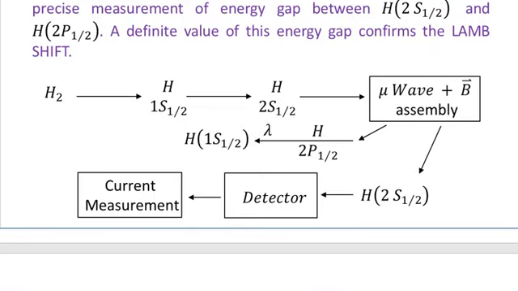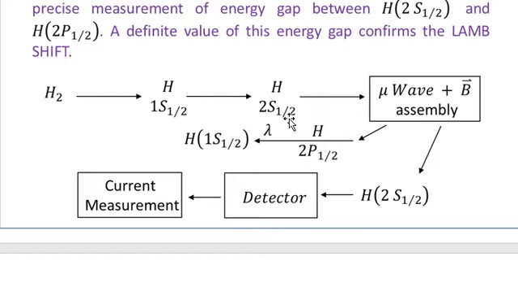You can also express the previous experimental diagram using this symbolic or schematic diagram. H2 is broken into atomic hydrogen in the 1s1/2 state. This 1s1/2 hydrogen, which is in the ground state, through the bombardment of the electron beam is converted into the first excited state, the 2s1/2 state.